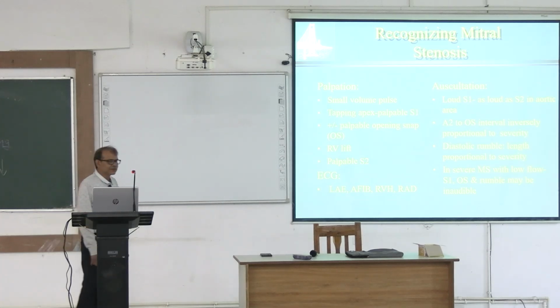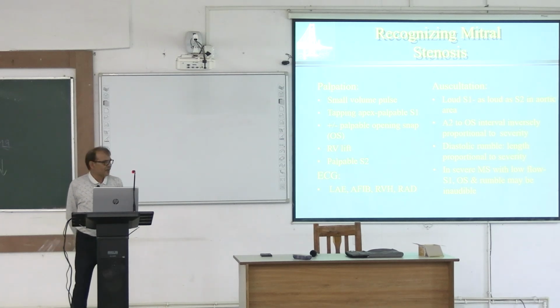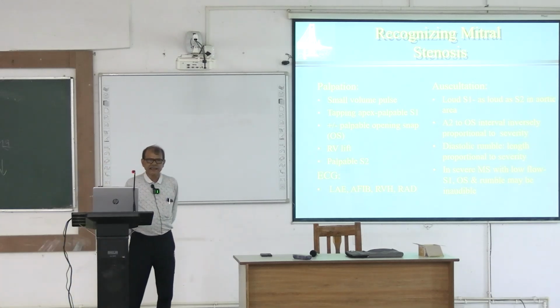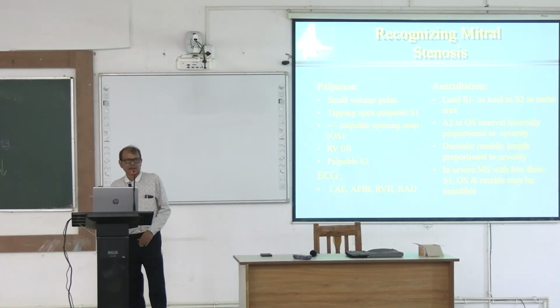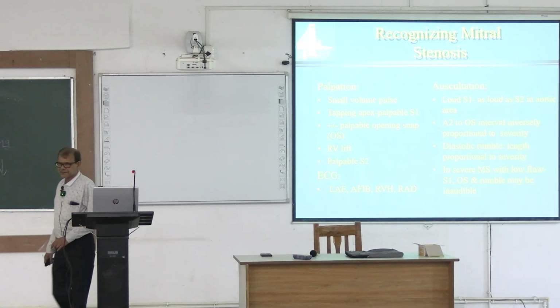Now the ECG findings. Now we have auscultation. The apex beat is tapping in its nature, usually normal in its location or slightly outside the mid-clavicular line due to right ventricular enlargement.